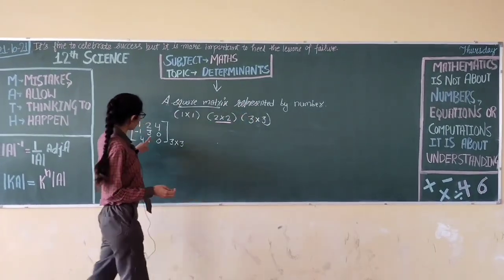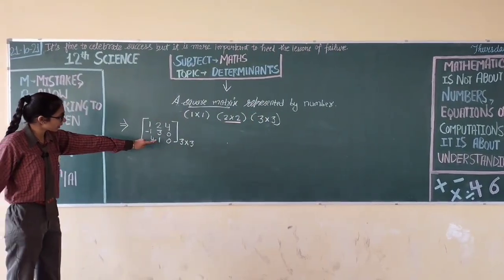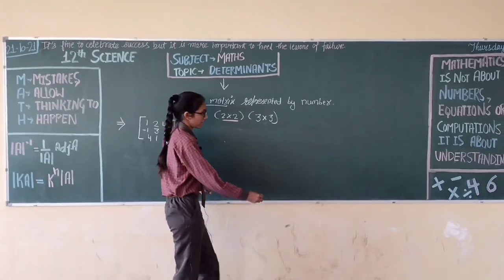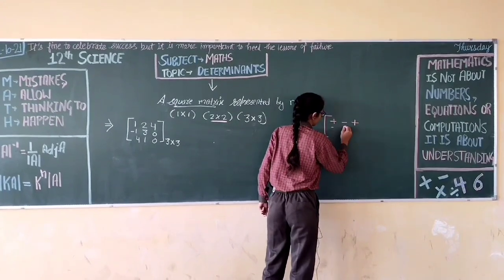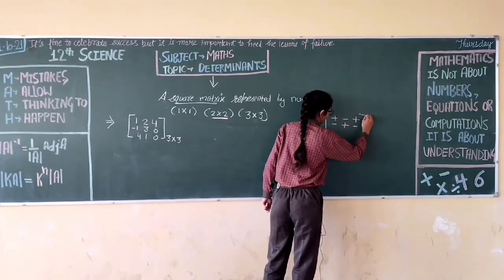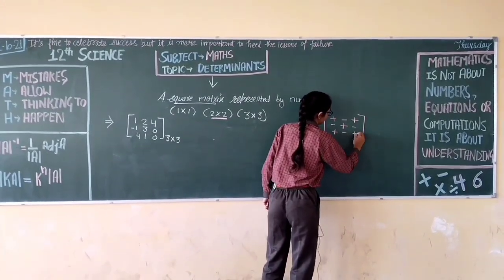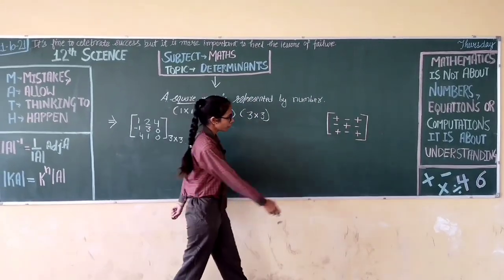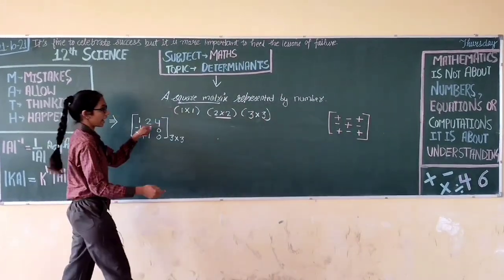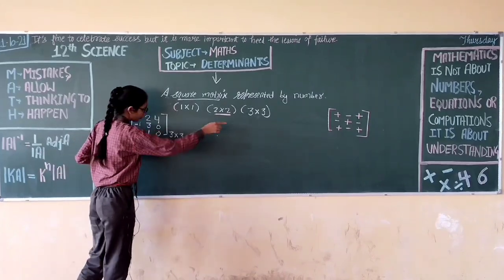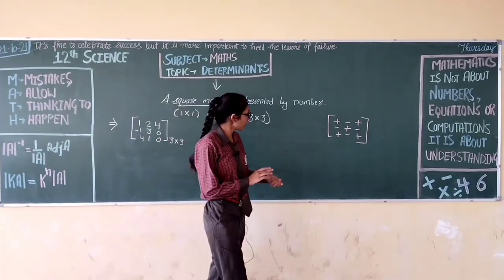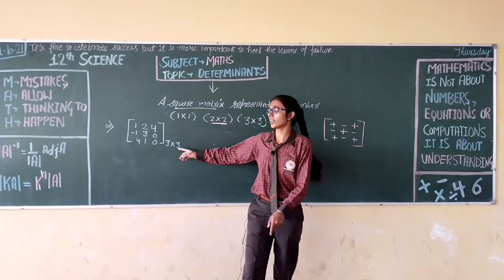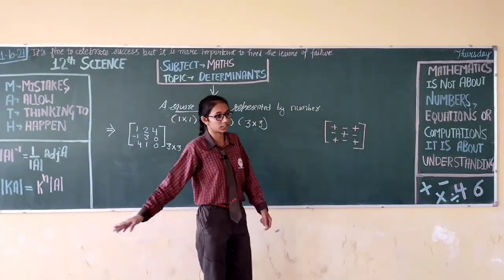For finding the determinant of a 3 by 3 matrix, we should remember some signs, and these signs are these. We will use these signs for row 1, the second for row 2 and the third for row 3. Now the question arises in our mind, how can we use these signs for finding the determinant value of a 3 by 3 matrix?